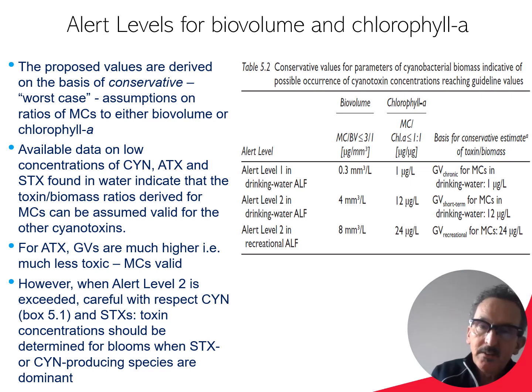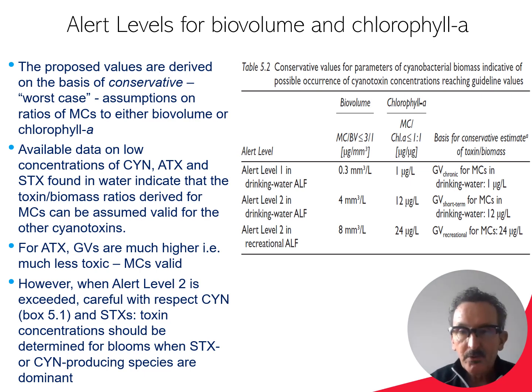It's to say that efforts have been made to link indicators of cyanobacteria, like their biovolume, for instance, to the kind of level of cyanobacterial toxins that this biovolume may represent. So as you can see in the table, if you have low biovolume, in this case 0.3 millimeter cube per liter cyanobacterial biovolume that you obtain from the microscope, that would correspond to, say, 1 microgram per liter of microcystins.